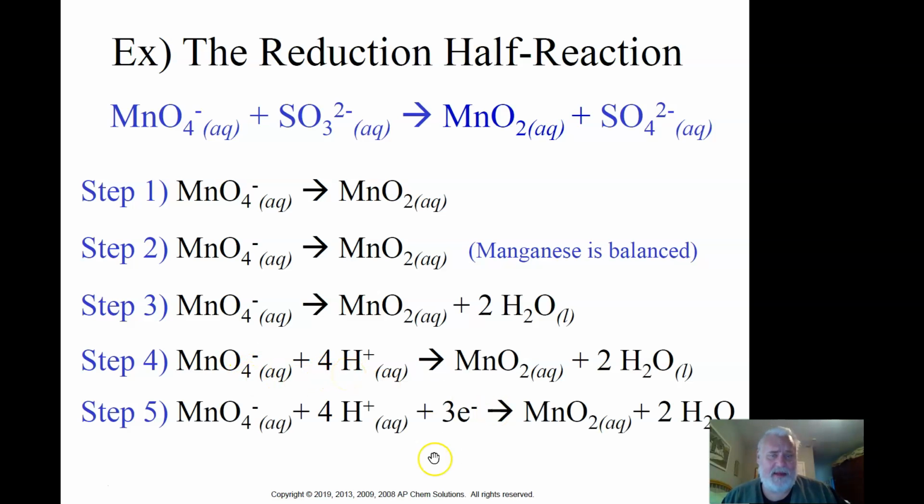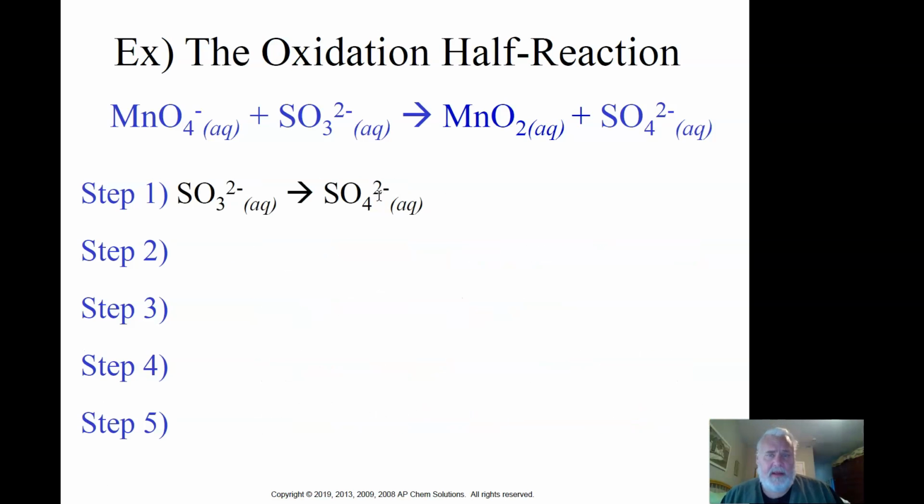So you're going to have to add 3 electrons to get rid of the 3 positive charges on the left side. Hopefully you look at that and go, yeah, I got that. And the only thing that really changed was the permanganate undergoes a different process.